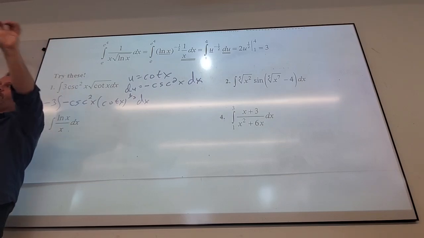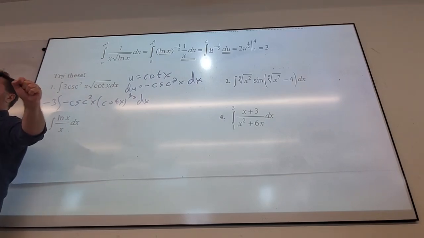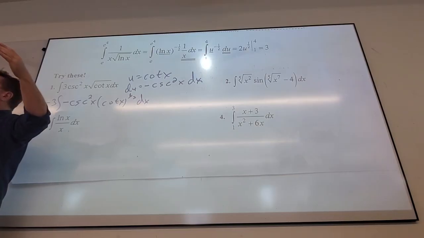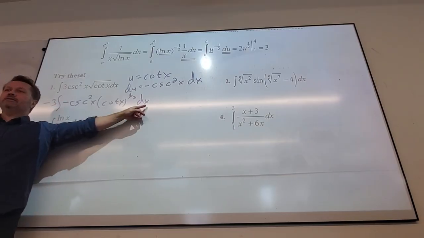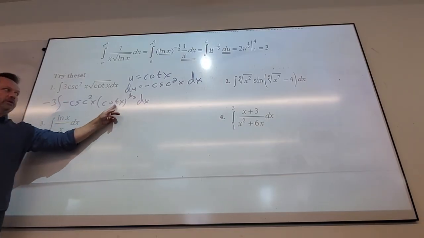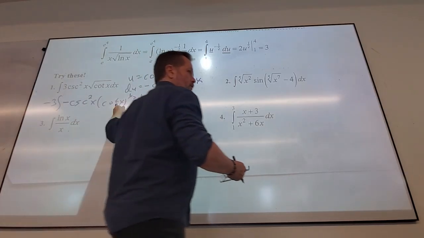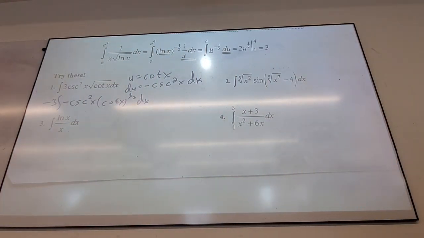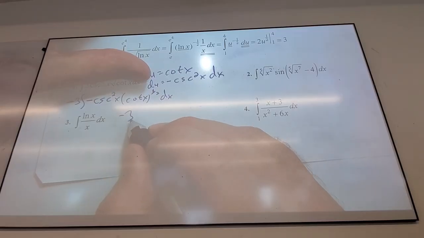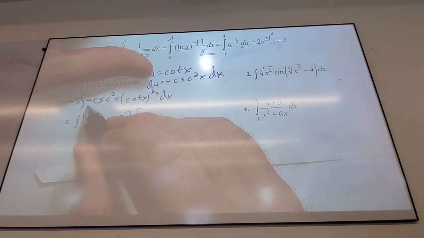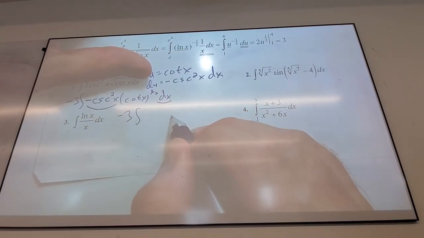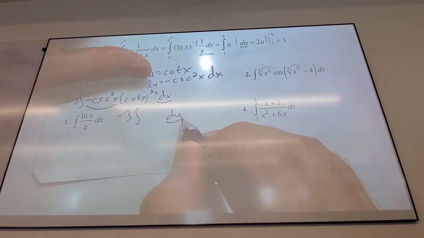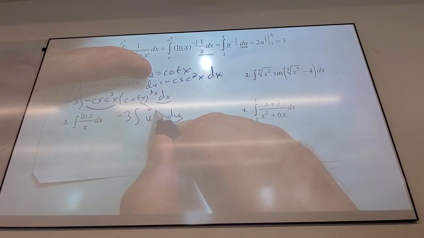I can replace all of that with du, because if u is cotangent x, all of that is du. And then what do I put here? u. So this will be negative 3 integral. All of this here is du. And this is u.